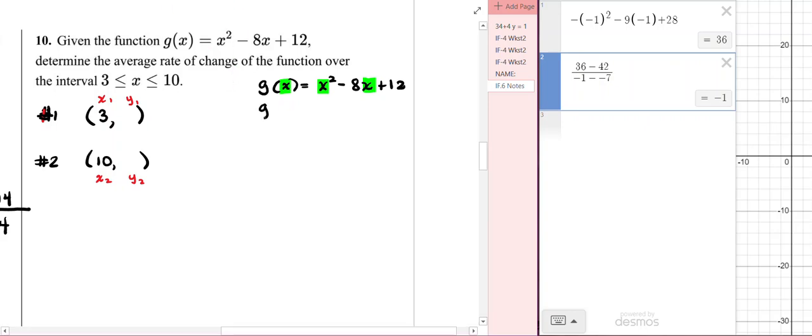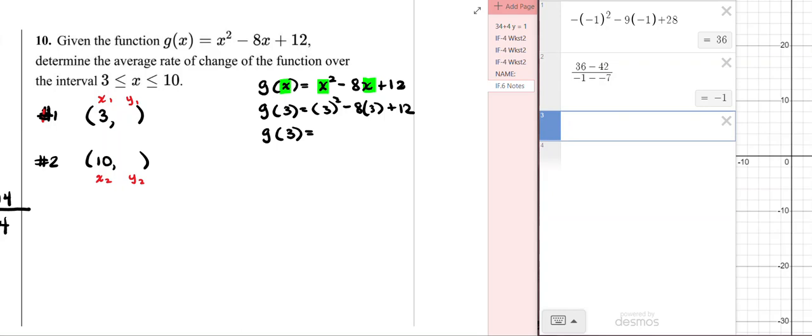So we want to find g of 3. We'll put this in parentheses, squared, minus 8 times 3, plus 12. All right, it's in the calculator, and I like that you can see exactly what I'm typing in.